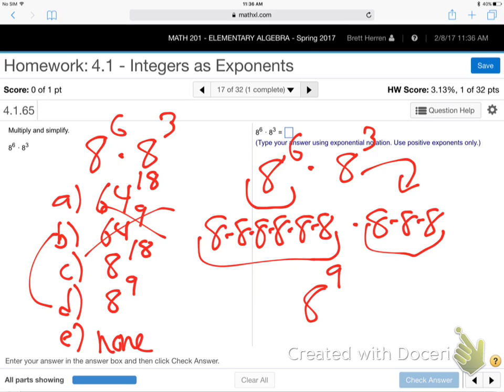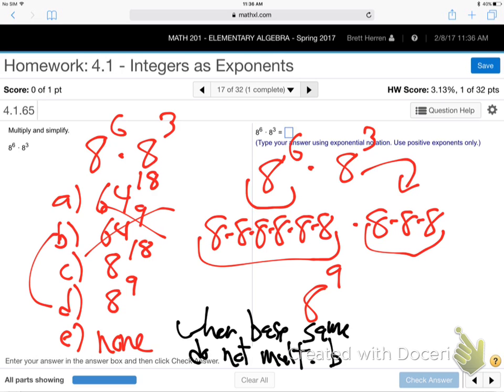So, good question. The rule then is when the bases are the same, you don't multiply them. You just add the powers because it's true. Right? So let me write that out. When the bases are the same, do not multiply the bases.